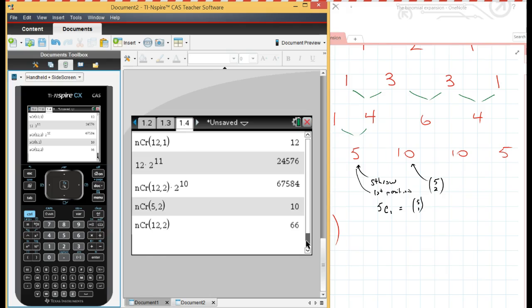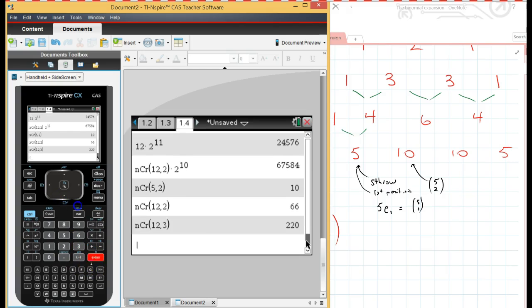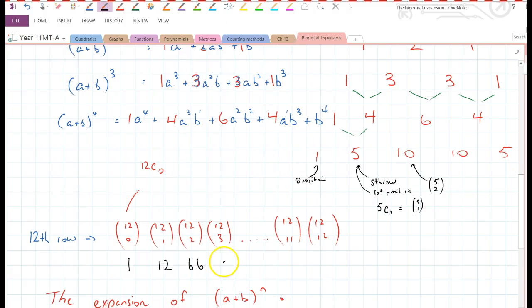If you arrow up and hit enter, that copies it down, and then we can delete and put a 3 in there, and then we get 220, so that's our 220 position. So what we're doing here is coming up with the 12th row of Pascal's triangle using our nCr notation.